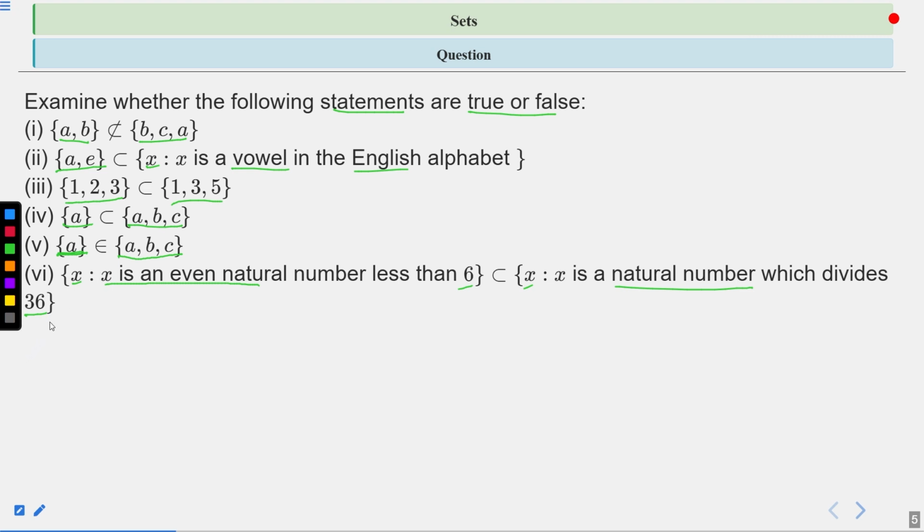Clear? So you just have to answer true or false. You'll have some seconds to try this problem, then afterwards we will move on to the solution slide. So your time starts now.